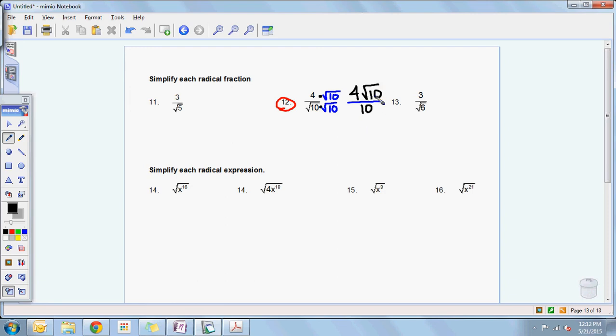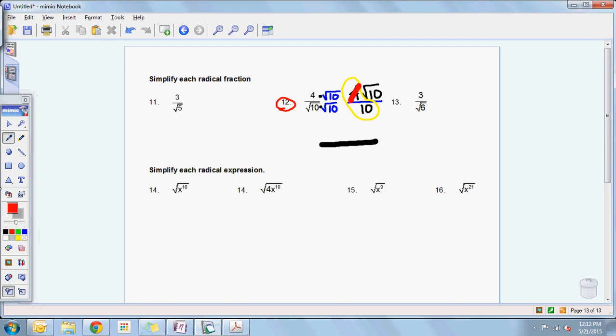Underneath my square root, I have the square root of 10. There's no perfect square I can divide by 10, so I'm going to leave that alone. But I do see that I have a fraction of 4 over 10. If I asked you to simplify the fraction 4 over 10, you'd figure out what you can divide both of those numbers by. So I can divide 2 from both of these.